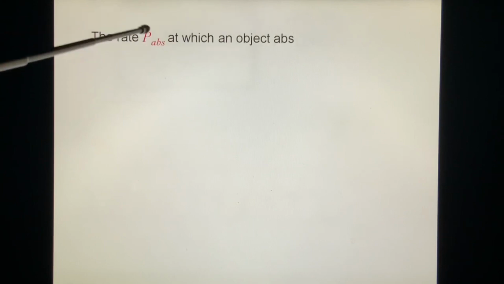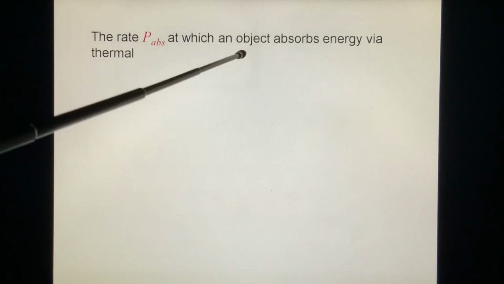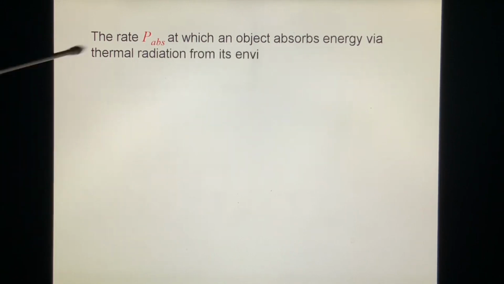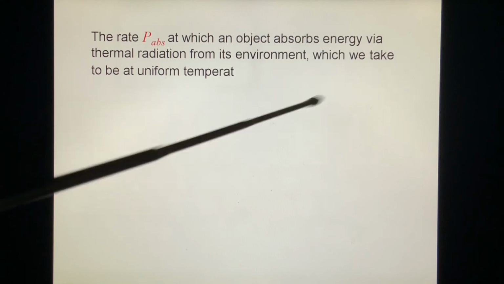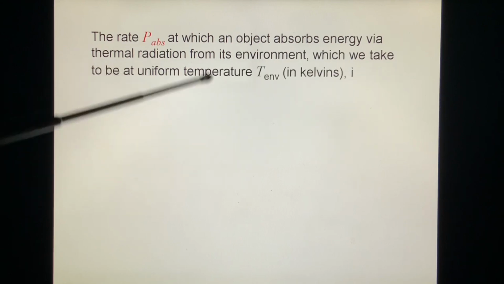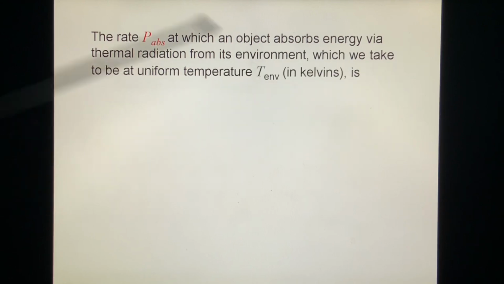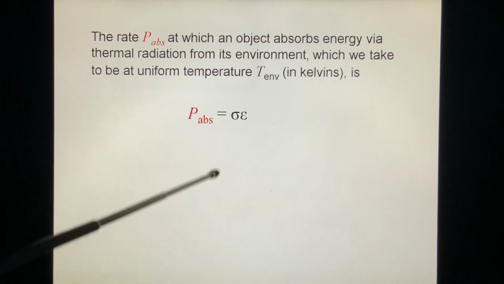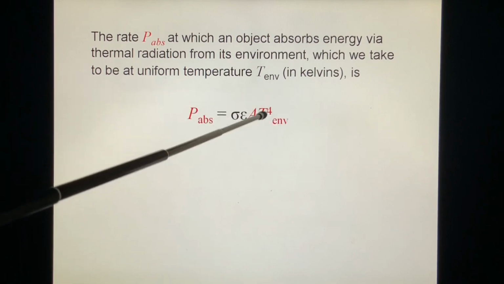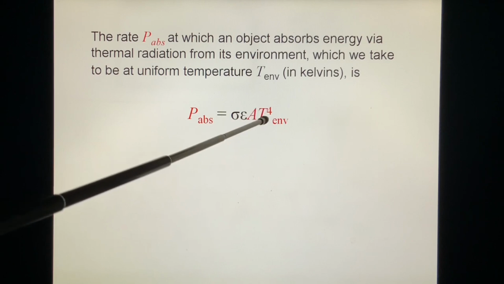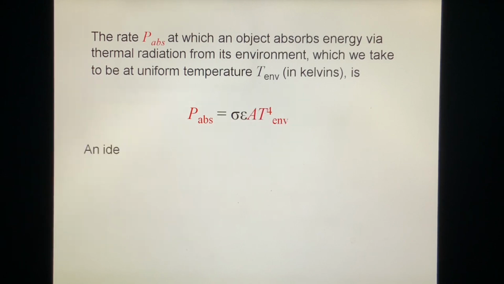The rate P_absorbed at which an object absorbs energy via thermal radiation from its environment, which we take to be at a uniform temperature T_environment, is similarly P_absorbed = sigma epsilon A T_environment^4. Here we use T_environment instead of the T of the body.